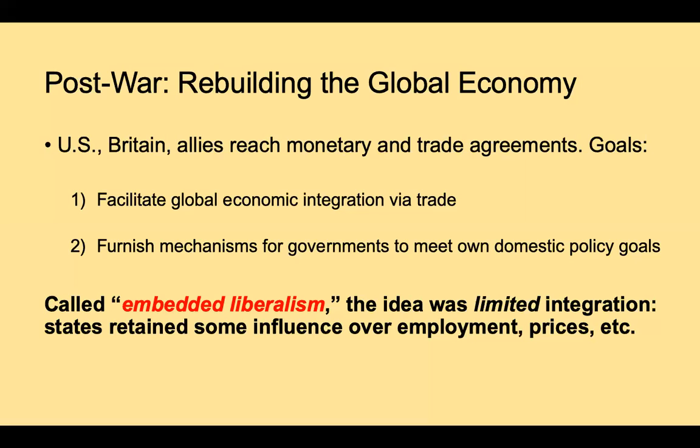And this looked a little bit different everywhere, but generally speaking, countries would adopt a fixed exchange rate and they would impose limits on the movement of capital so that they could allow the free movement of goods via trade, but still have some control over domestic policy through taxing and spending and through control of the money supply.